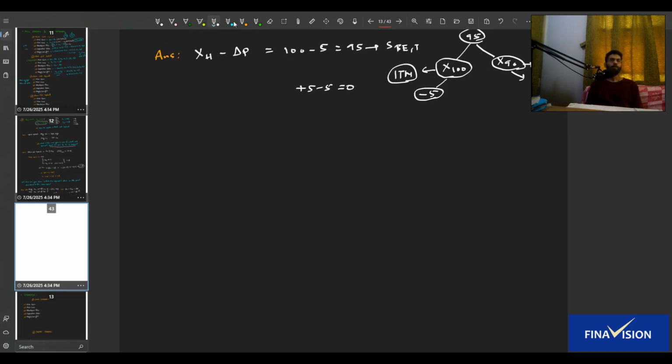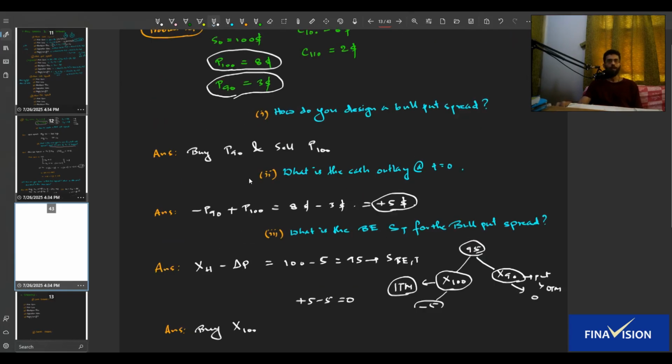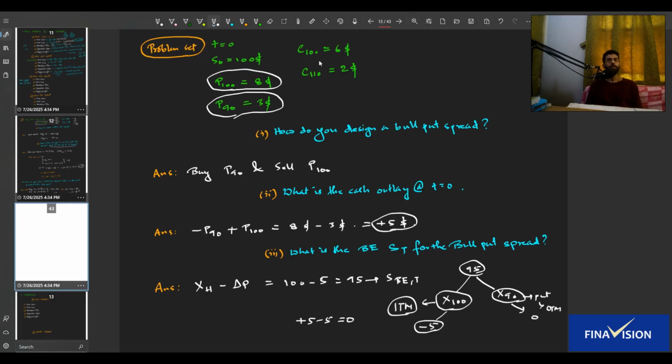Now the fourth question. How do you enter a bull call spread from the above information? Again, you buy low, you sell high. Answer: you buy low, which means buy the X100 call. Here, the lower strike is X100, right?